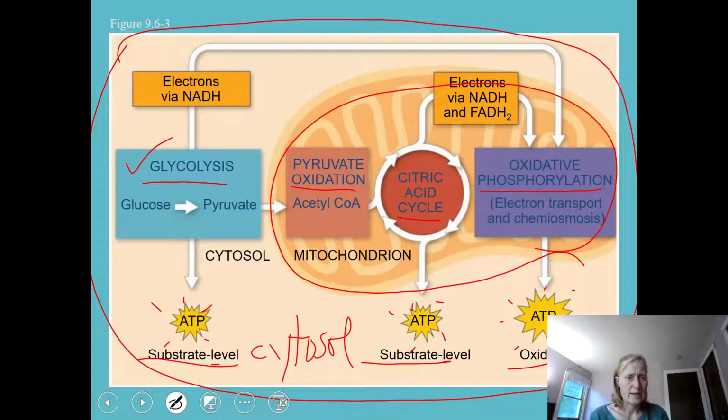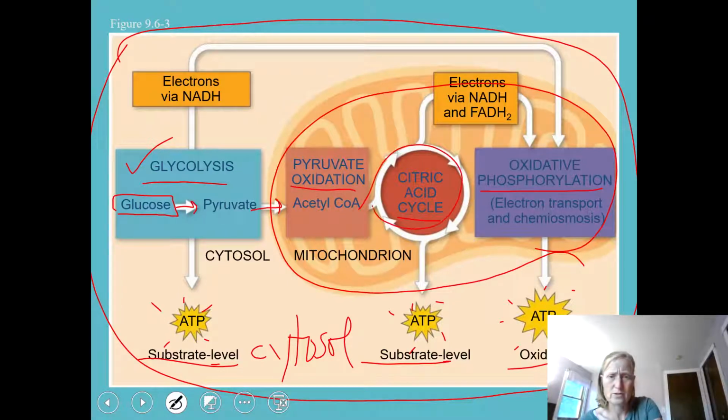And I notice that there are arrows all over the place, right? So we start with glucose. Hey, that's our nutrient that we start with. And we use it, and we kind of follow it. Look what's going on. All sorts of circular things happening here. Glycolysis seems first, and then pyruvate oxidation and the citric acid cycle, and finally oxidative phosphorylation.